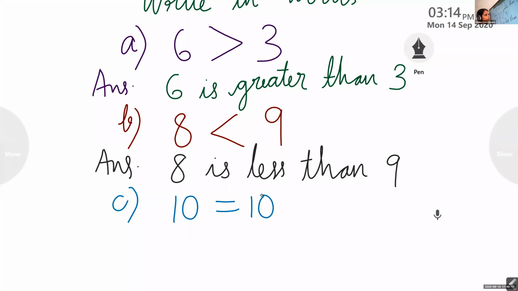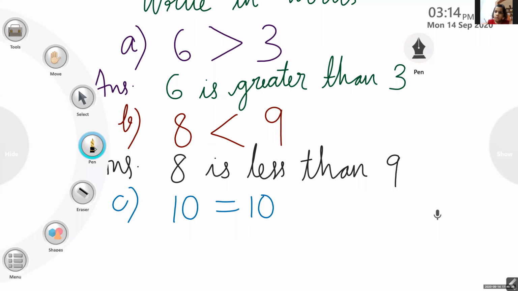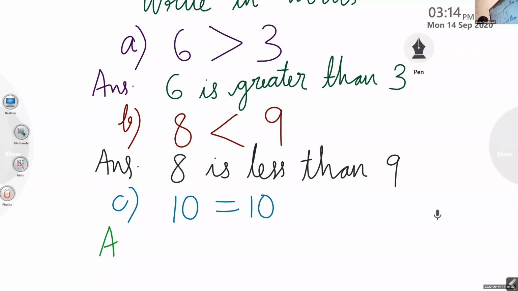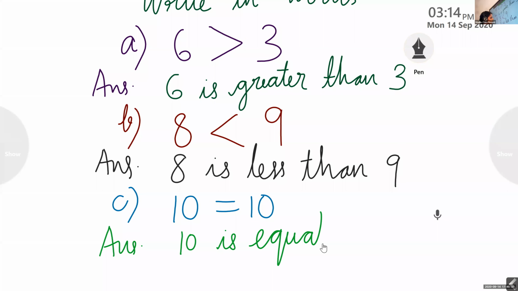Adityan, tell me once more. 10 is equal to 10. Very good. So we can write 10 is equal to 10.